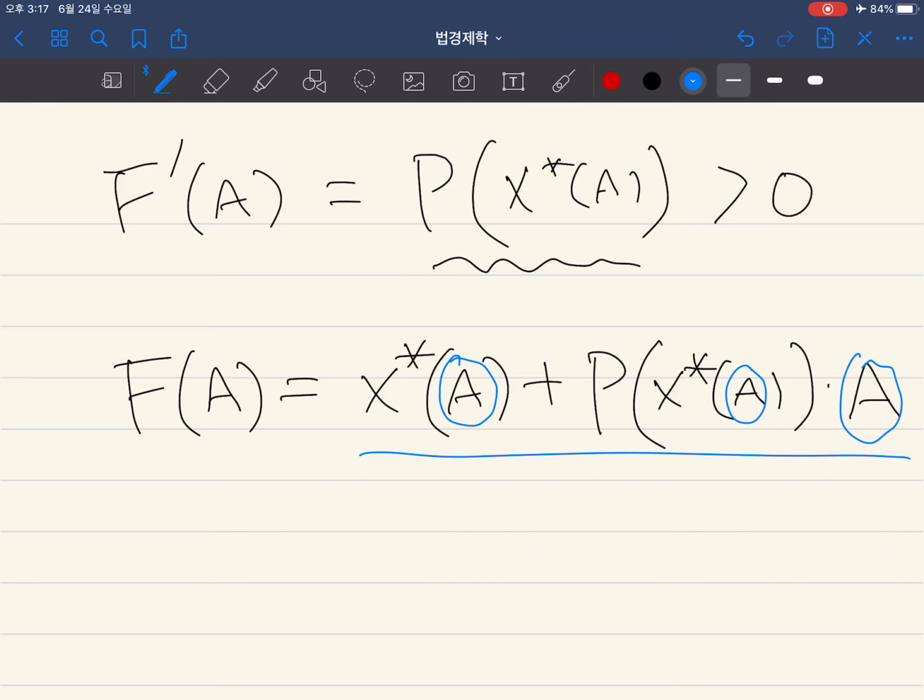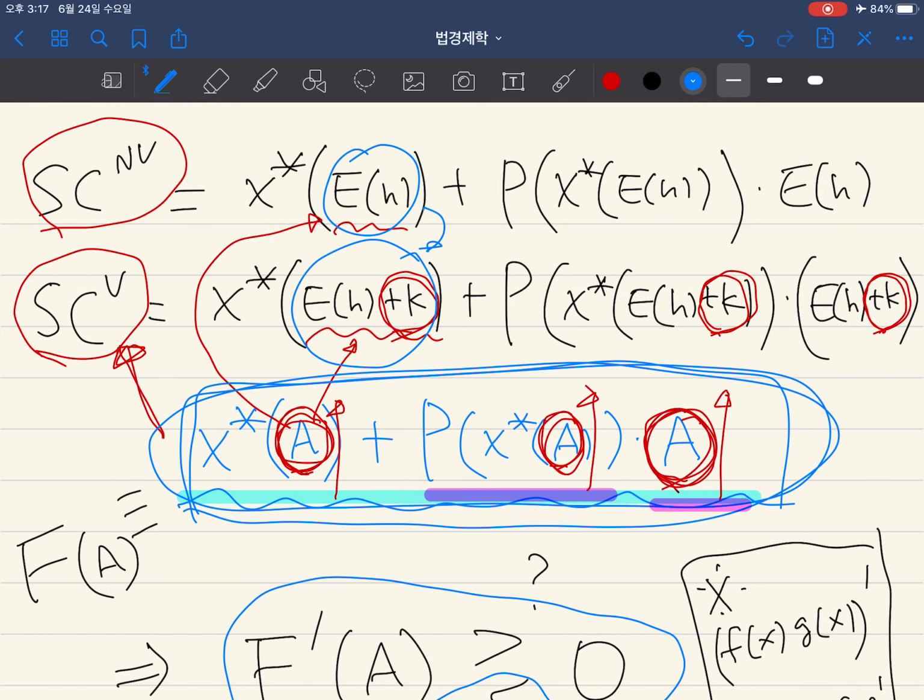Therefore, as I told you here, if you compare green and purple in these two expressions, purple is bigger. Therefore, social cost under verification is bigger than social cost under no verification.